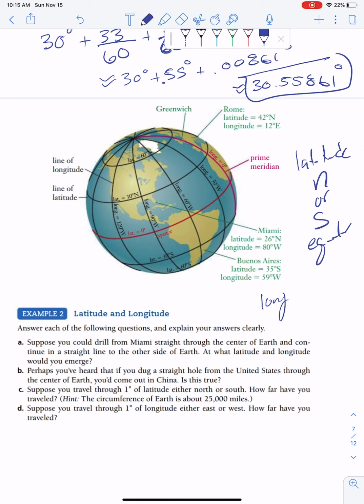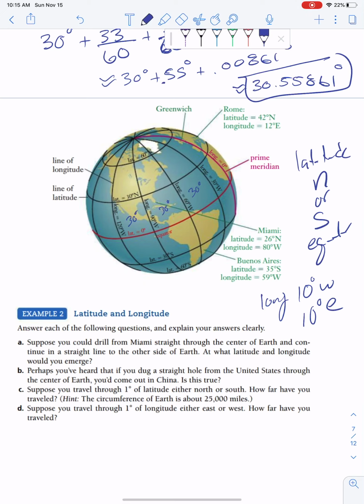Now, longitude is our east and our west, and we start at the prime meridian, which is drawn right here on the globe for you. And again, we can measure our distance 10 degrees west or 10 degrees east. But notice a couple of things. As I'm moving north and south, I'm going up, and in this diagram, we're increasing by 30 degrees on each of these lines.